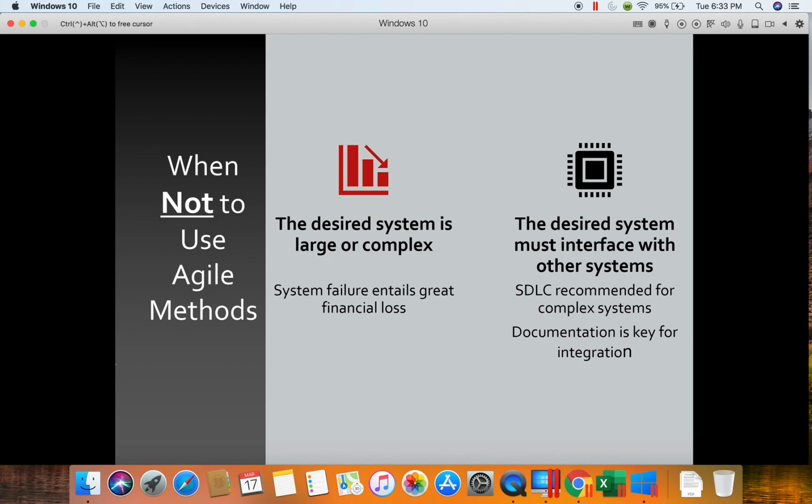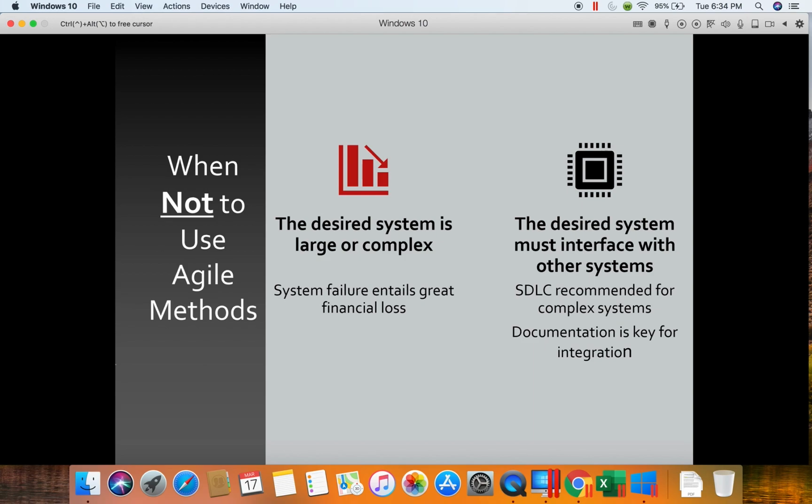When should we not utilize these Agile methods? If a system is very large, there's a significant investment involved and a huge risk of financial loss, and so more planning and the broader scope of the system's development lifecycle would be recommended.